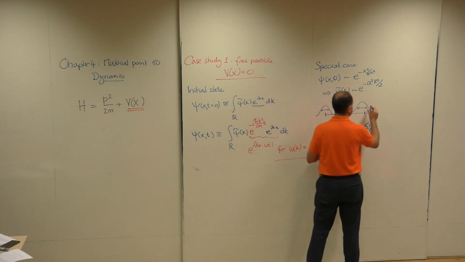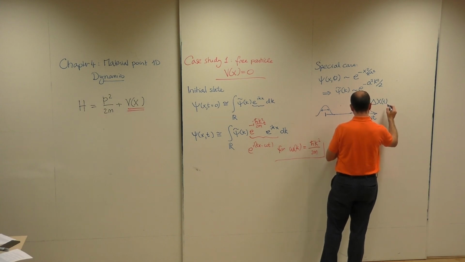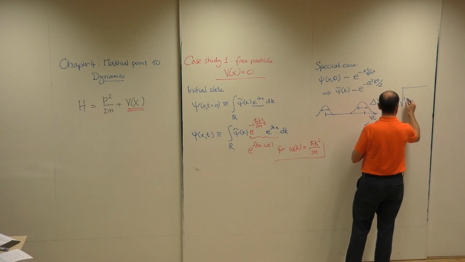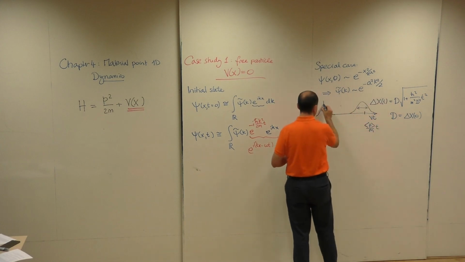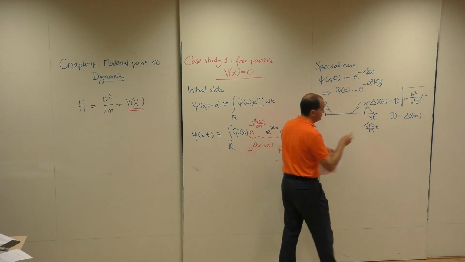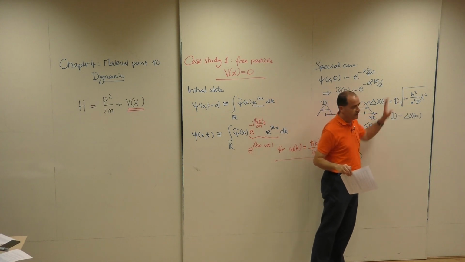And you can prove that this delta x of t is equal to d times the square root of 1 plus h bar squared over m squared d to the fourth times t squared, where d is the initial value of the spread. And you see that this number being bigger than 1, it grows more or less linearly in the long term. At the beginning, like a square root.